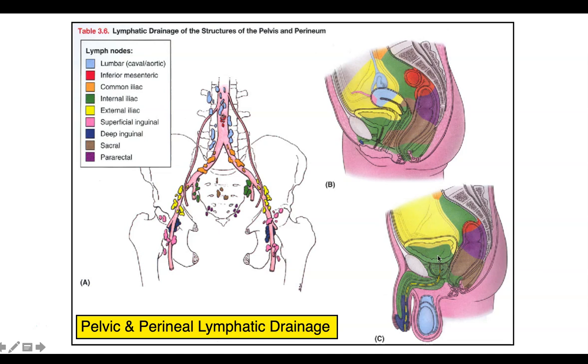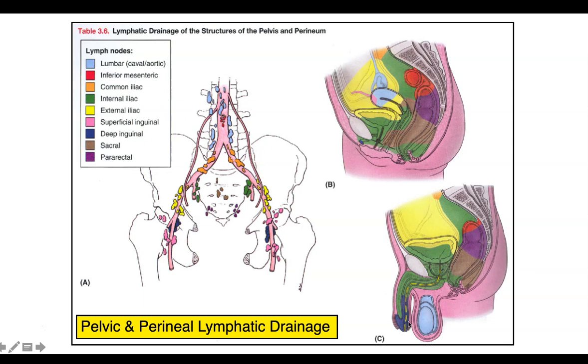The lymphatic vessels accompany the arterial supply of the organs. So all these green parts of the pelvic cavity organs are draining into the internal iliac lymph nodes, and the yellow parts are the external iliac lymph nodes.